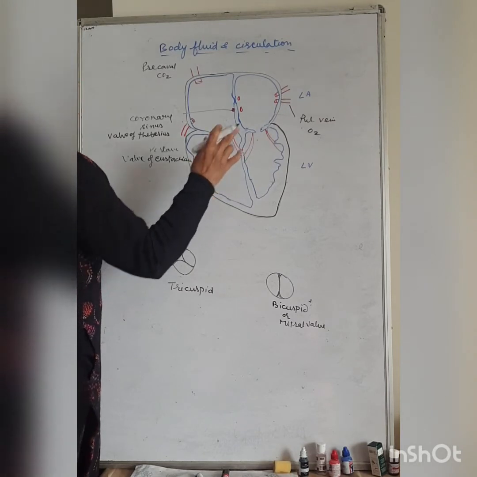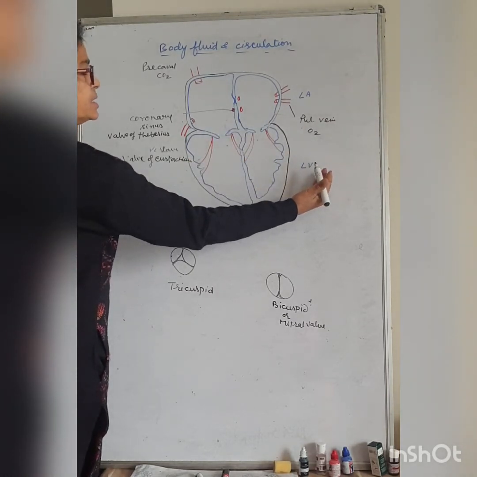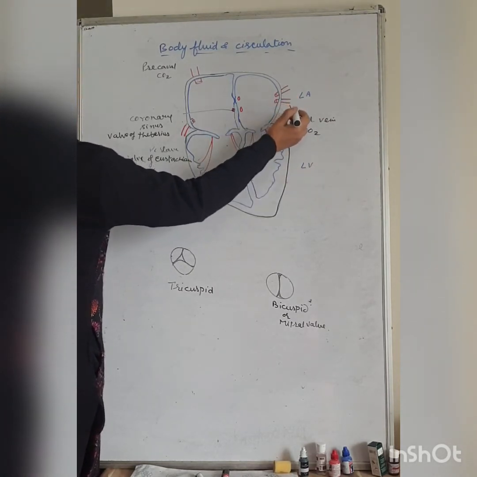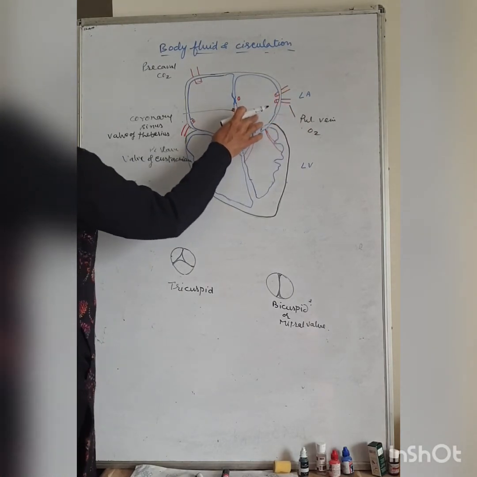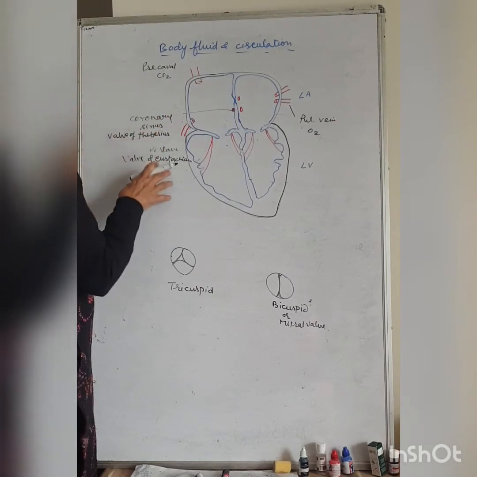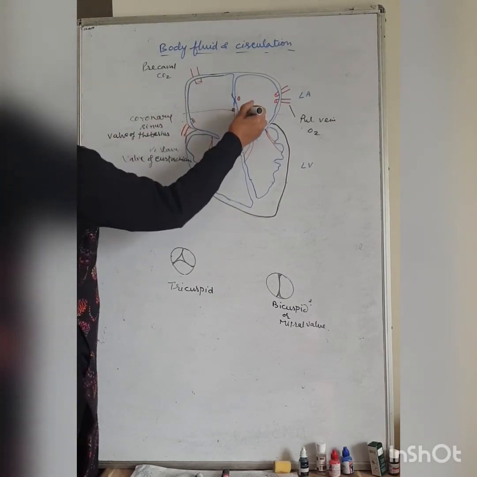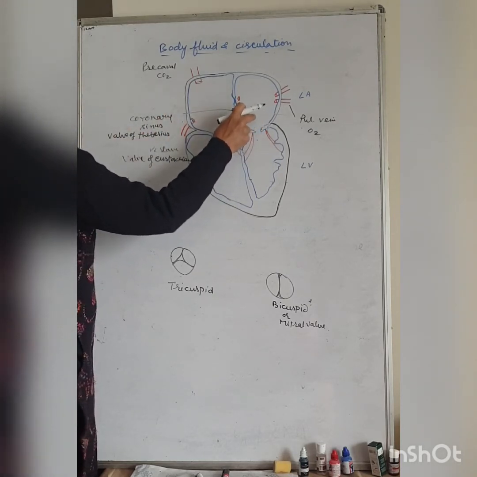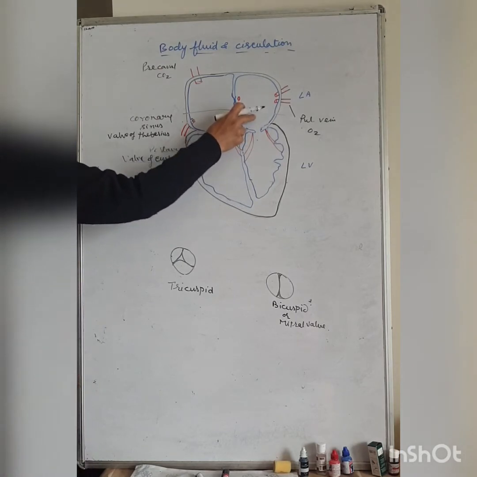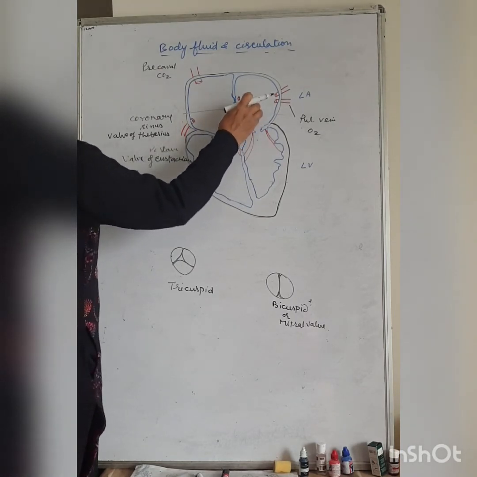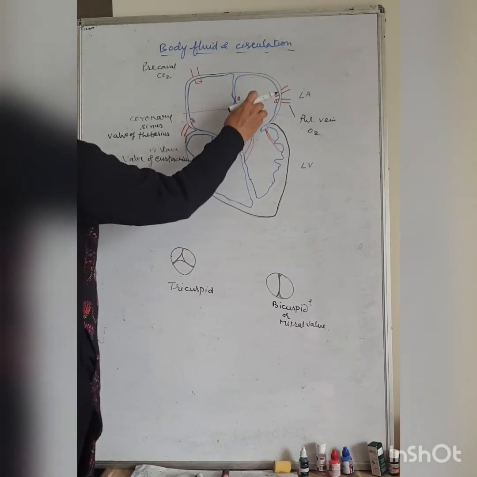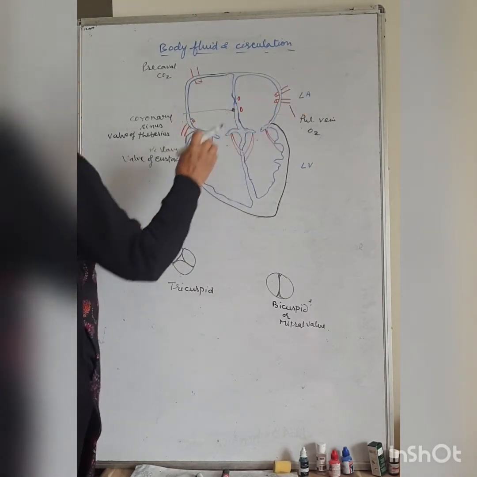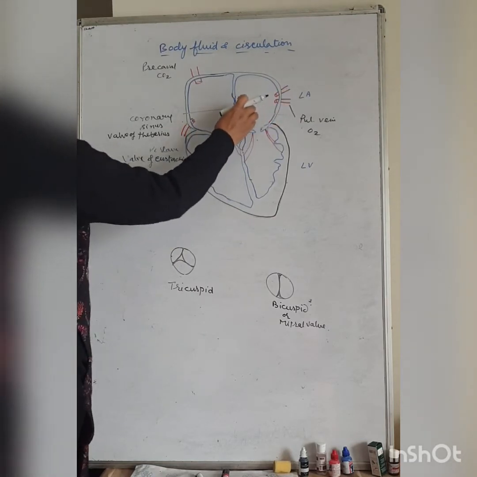On this side the right lung is there, so two pulmonary veins bring the oxygenated blood into the left atrium, and two from the left lung also bring the oxygenated blood into the left atrium. So the pulmonary veins bring the oxygenated blood from the lungs.